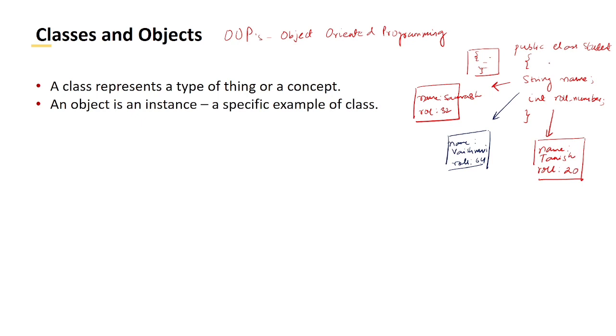Okay, so this is a prototype, and from this prototype we got a lot of objects or a lot of students having the name and the roll number, right? So all these students have the attributes same as the attributes of the class. Class had a name, class had a roll number. So a student would be having a name, a roll number, right?